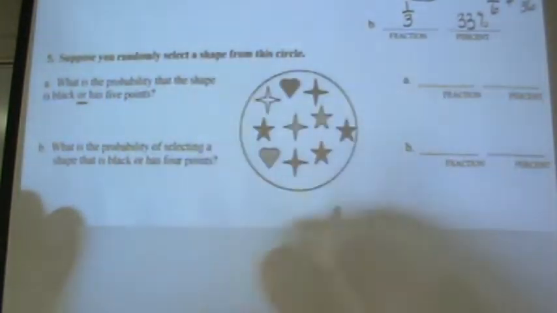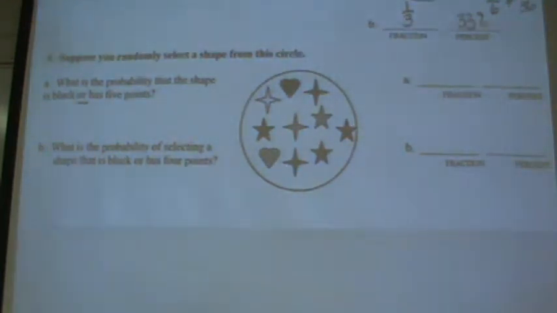We have that "or" in the problem, and that "or" should immediately tell you that we're talking about an inclusive or a mutually exclusive. So you already should have it narrowed down to those two probabilities. And if you're not sure whether it's inclusive or mutually exclusive, start by finding the probabilities.